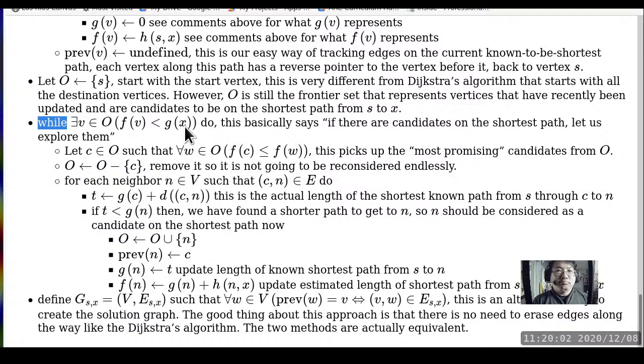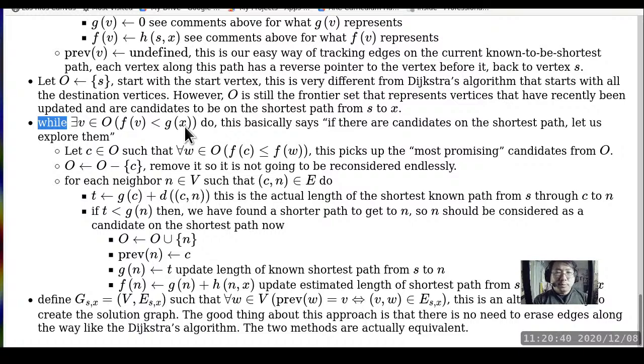A place in Florida would basically say, I'm definitely not on a shortest path from New York City to Kansas City. So it can remain in the set O, but it shouldn't matter because we can get out of the loop if that is the only thing left in O, because that cannot possibly be on a shortest path from New York City to Kansas City.